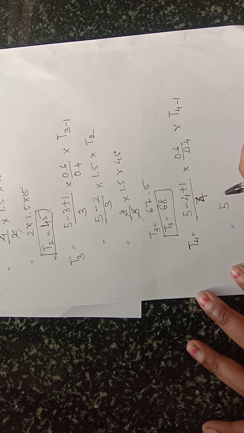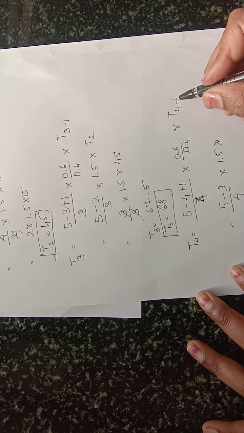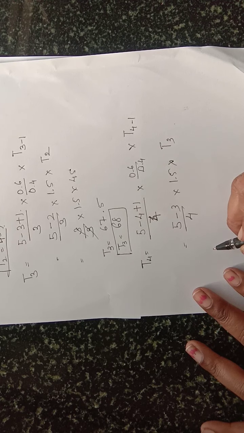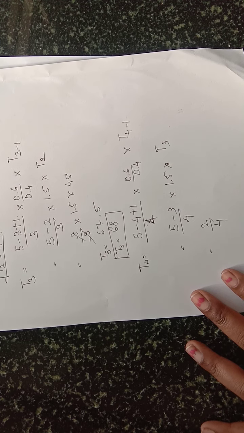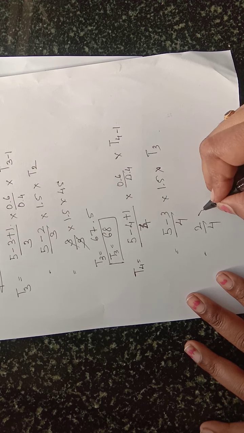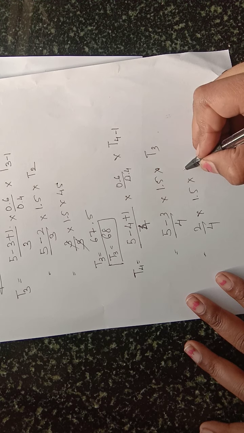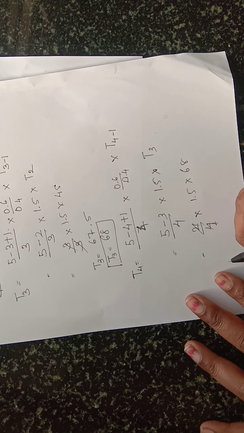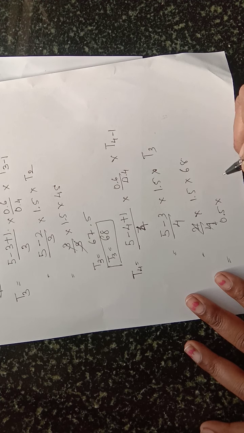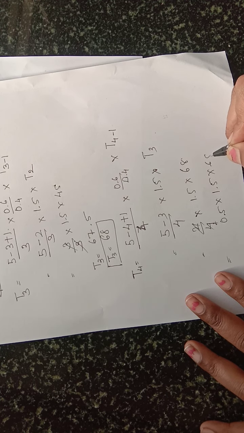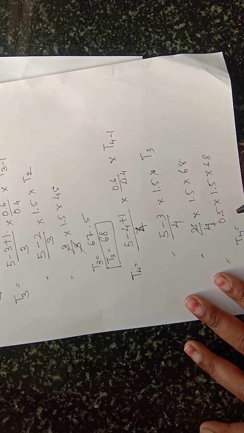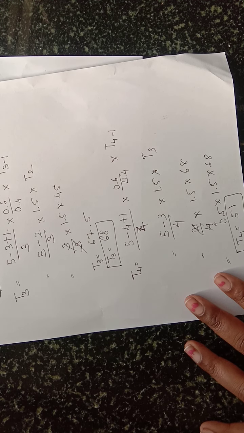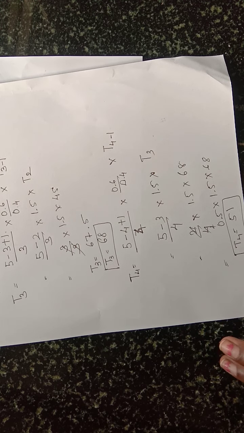Here 5 minus 4 plus 1 is 2, divided by 4, into 1.5, into T3, which is 68. So 2 divided by 4 is half, 0.5 into 1.5 into 68. So T4 answer is approximately 51. Directly I'll round it.